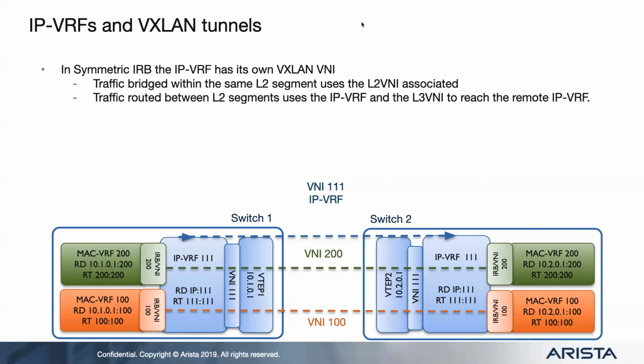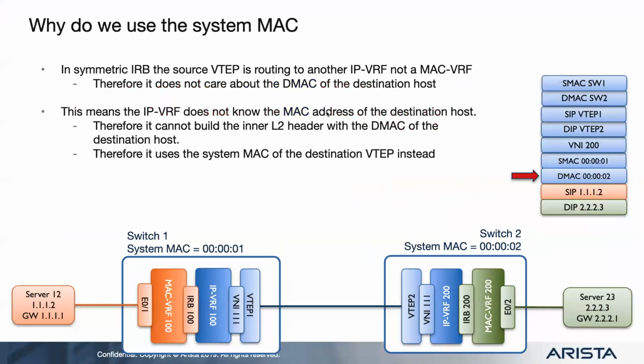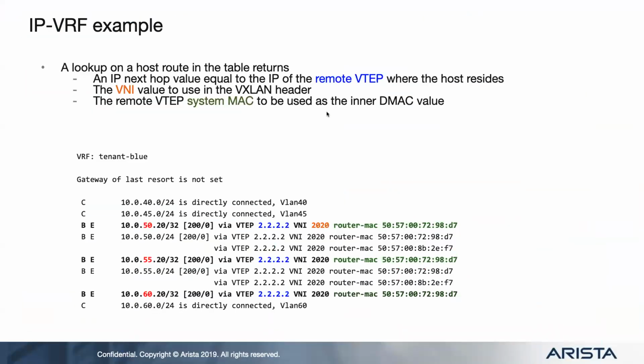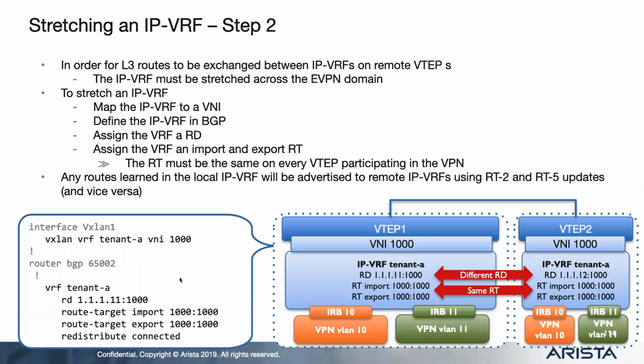So in short, once you have the configuration, we will generate a type 5 route, and the remote VTEP is going to use the type 5 route to install a /24 route.